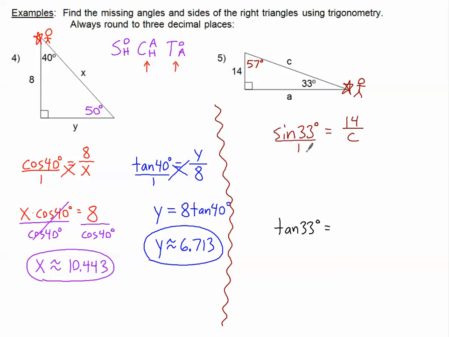Now I have my equation I can go and solve. I'm going to do my cross multiply. C times the sine of 33 degrees will be equal to 14 times 1. Let's divide that sine of 33 degrees away, whatever that number is.